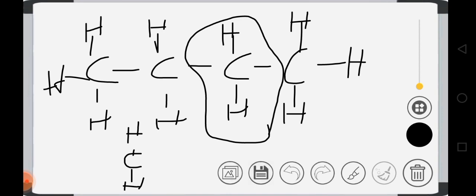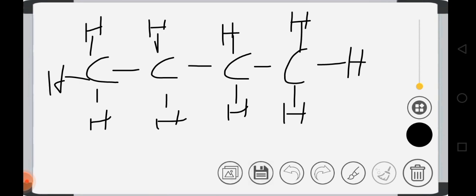I can also write it this way. I'll just write CH2, and I'll put a bond there. It's also methylene. So please take note of that. It's very, very important. Then they can ask how many methylene groups do we have here? We have 2 methylene groups here, which is this and this. So take note of that. It's also very, very important.